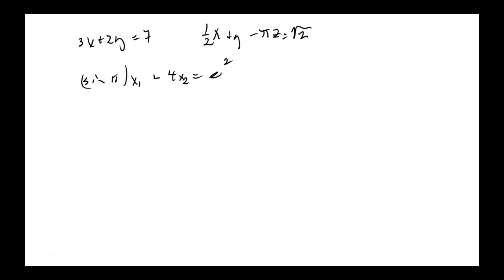The natural base of our number system, 2.7 something is the base e. Okay? So that's just a number. Minus 4 is just a number. Sine pi is just a number. If that had been sine x2 or pi x2, no. That's not a linear equation because that would, see, there's no variable in here. That's just a number. Sine pi is 0. Okay, so not much of a number, but it is.